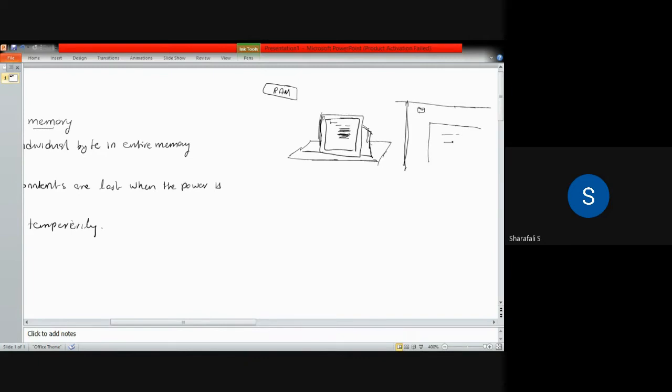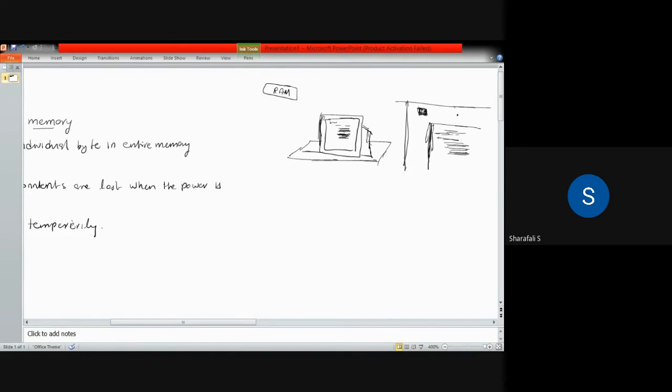If you press the save button, what is the CPU actually doing? The CPU will send information to the hard disk to save the content. The CPU will find the memory location, assign a memory location in the hard drive, and save this data in that location.